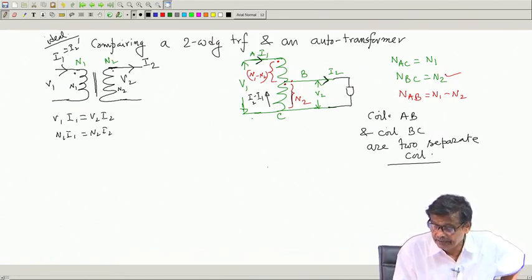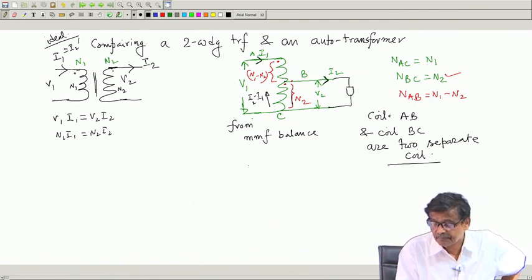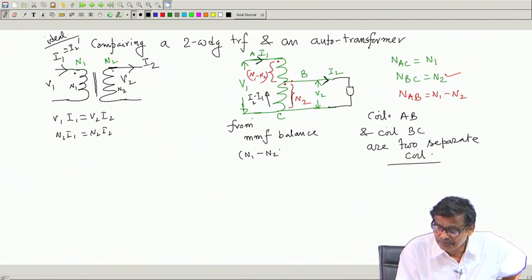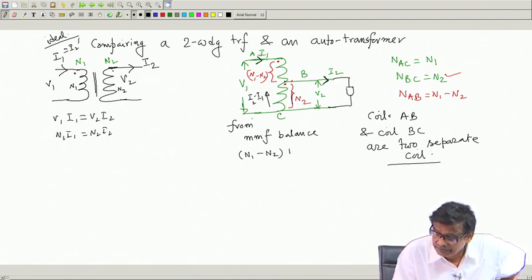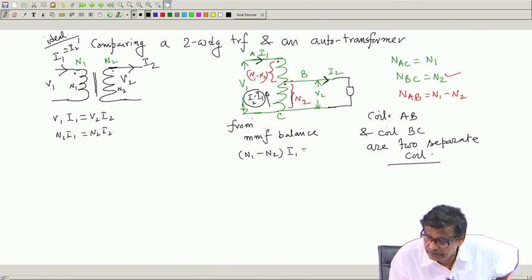So, I will write the MMF balance. From MMF balance, I will write N1 minus N2 into I1 through the dot, current coming in, and through the dot in this direction the current is I2 minus I1. What is the number of turns? N2. This must be equal to N2 into I2 minus I1.